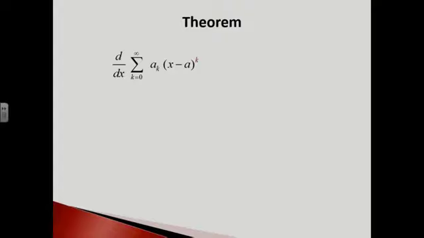Given the power series sigma of ak multiplied by x minus a to the power of k, it can be differentiated term by term to obtain the derivative as sigma of k multiplied by ak multiplied by x minus a to the power of k minus 1.